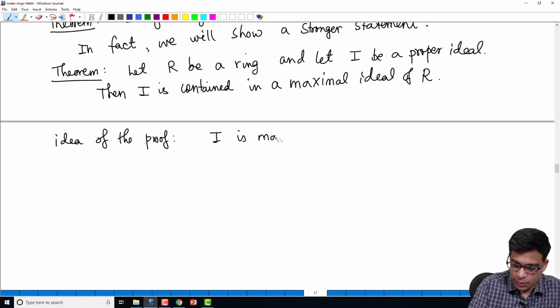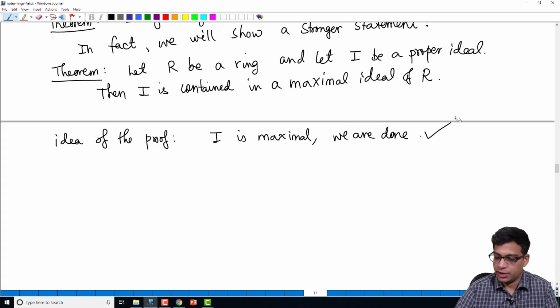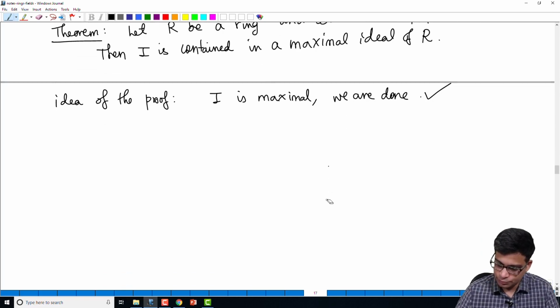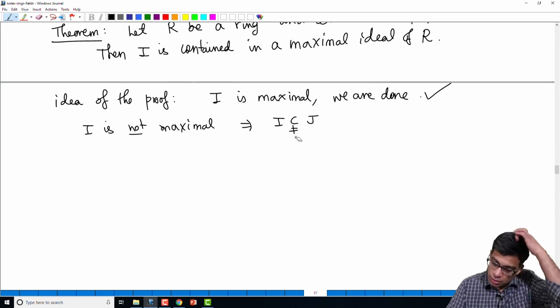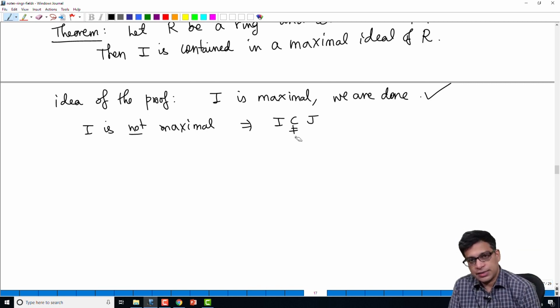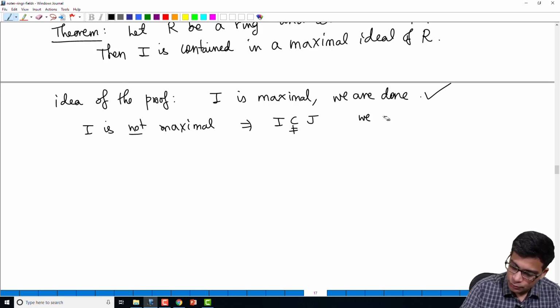So if I is maximal, we are done, because then certainly I is contained in a maximal ideal. Suppose I is not maximal. Then I is contained in J, by definition of a non-maximal ideal, it is contained in a bigger ideal. If J is maximal, we are done. So let's actually call it I1.